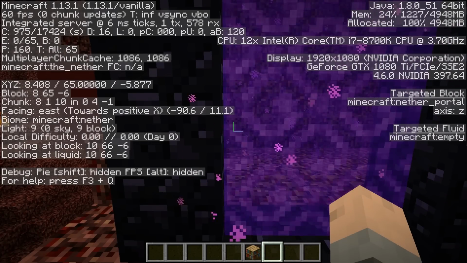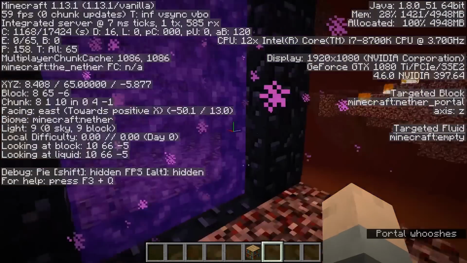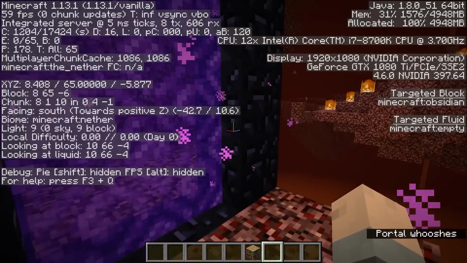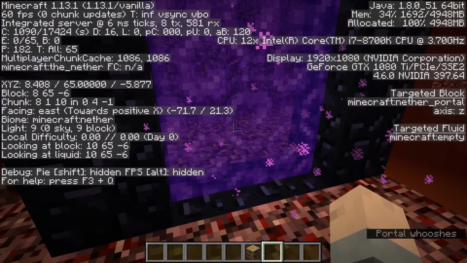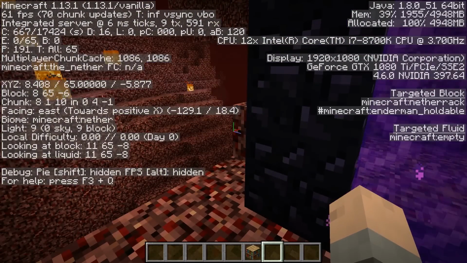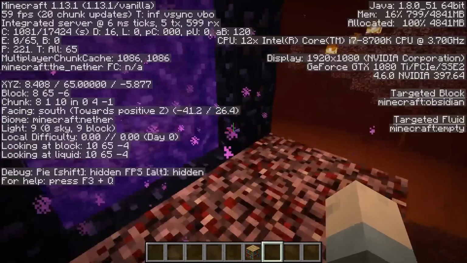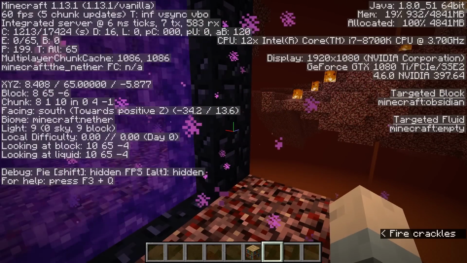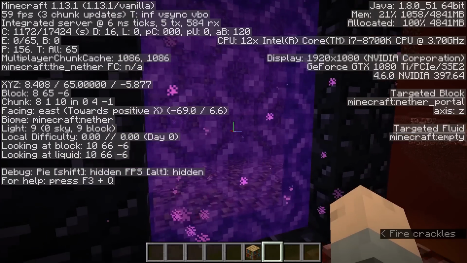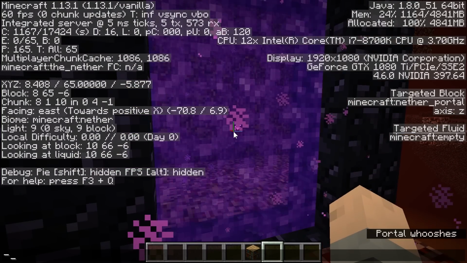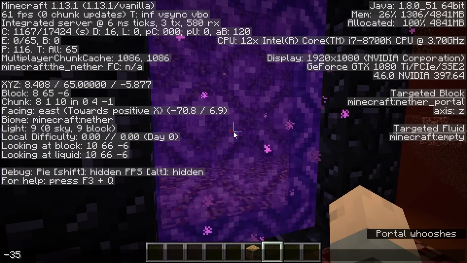Unless you're in a situation where you want to link up portals on multiple floors of a building, then if, say, one portal was at Y100, another portal in the Nether needs to be at Y100 as well. So let's look back here. We were at negative 35.